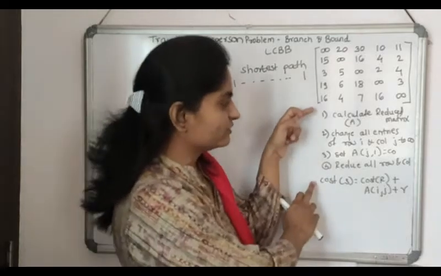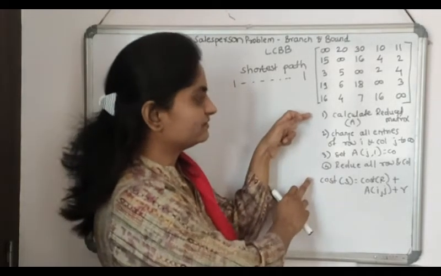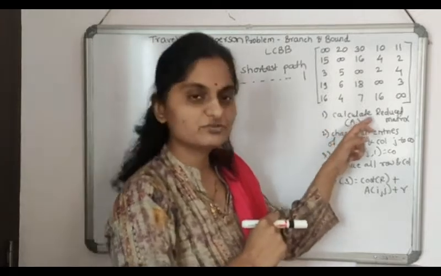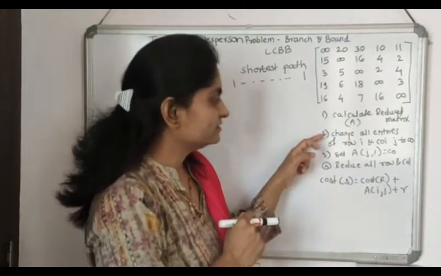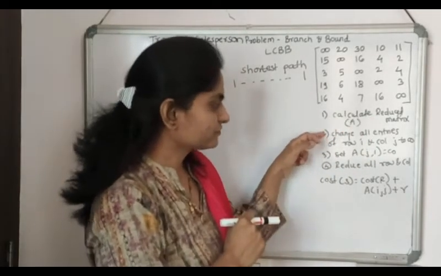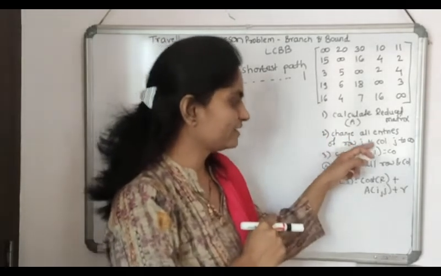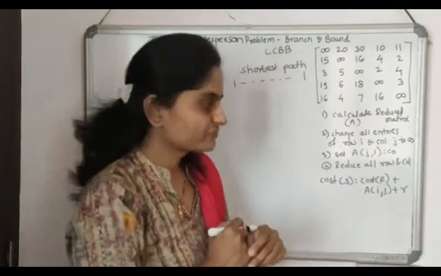The points to be remembered before applying this branch and bound method: first one, calculate the reduced matrix. Second, change all entries of row i and column j to infinity.